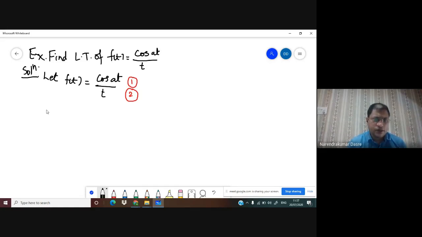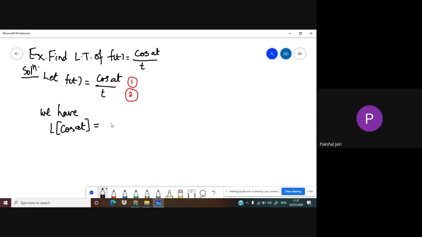What you can have is, see, we have Laplace of cos of at. So what is Laplace of cos of at? s by s square plus a square.